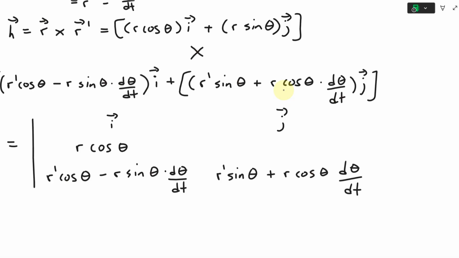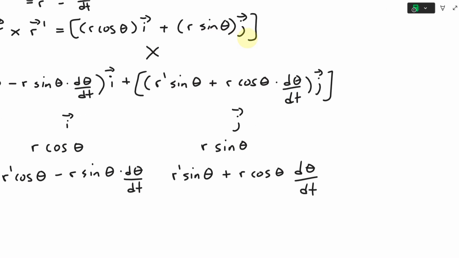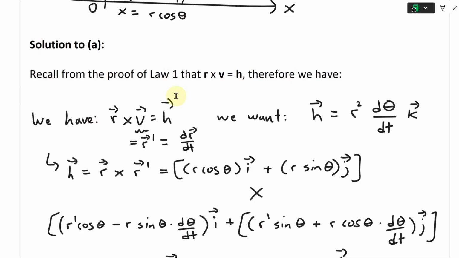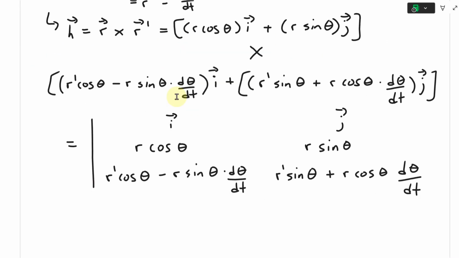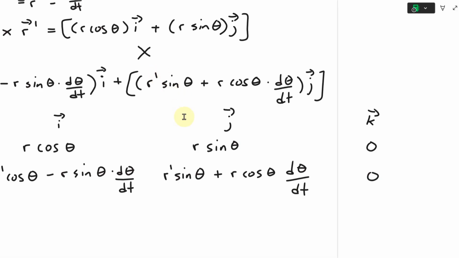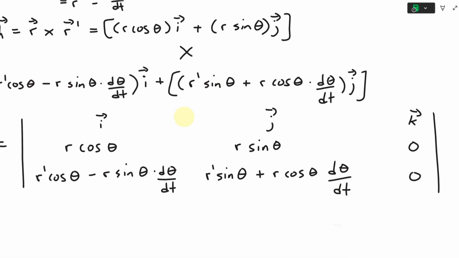And now this is going to be r sine theta. And lastly, we also need a k component because remember it's 3D. A cross product is in 3D, so it's going to have 0 components because the position vector is just in a plane, on a flat plane. But again, cross product is 3D, so the z components are 0. So we have it like that.